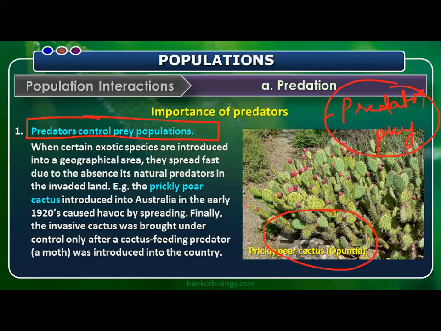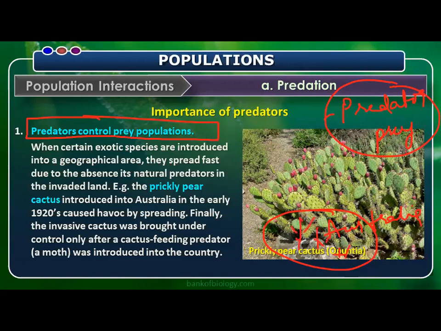Let's see an example here. The prickly pear cactus was introduced into Australia. The prickly pear cactus was not there at all. When it was introduced into Australia in the 1920s, it spread widely because its natural predator was not there.